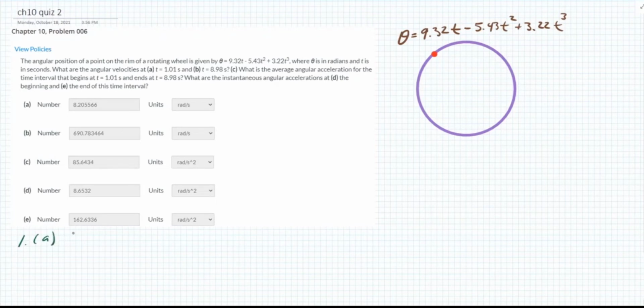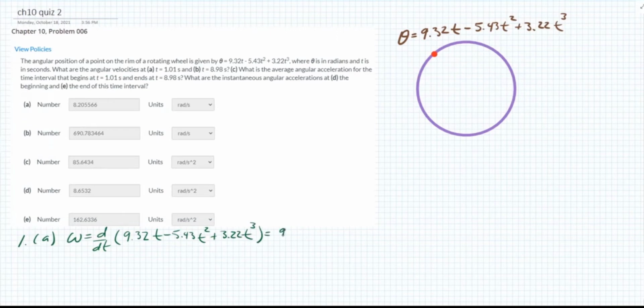Part A says, what's the angular velocity? So omega equals d by dt of theta, and theta is given as 9.32 t minus 5.43 t squared plus 3.22 t cubed. So here's my omega function.